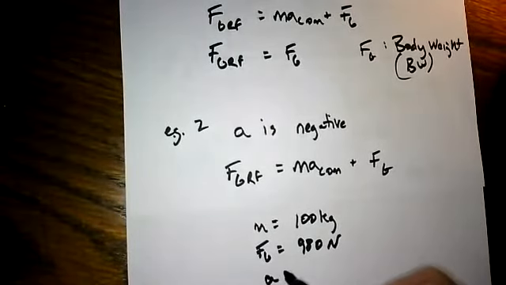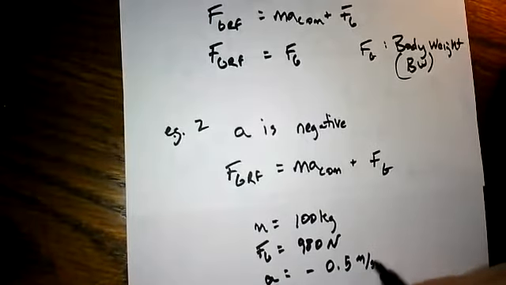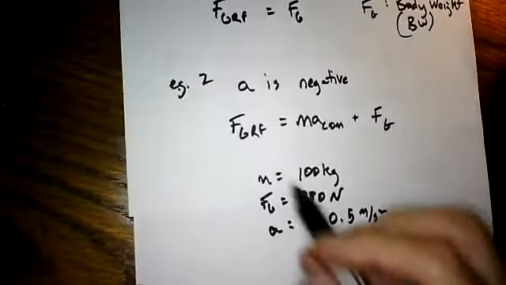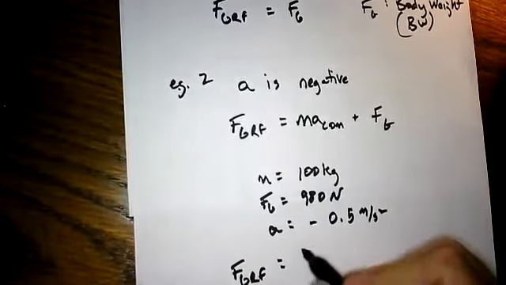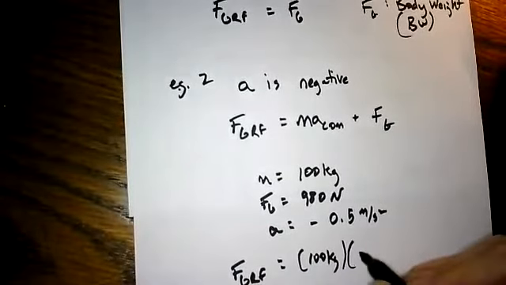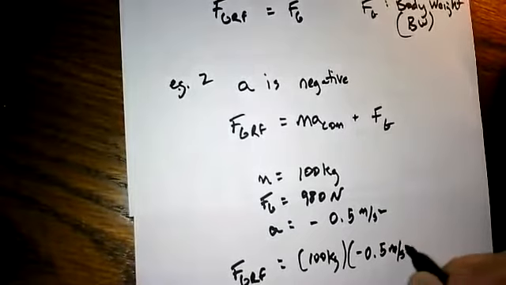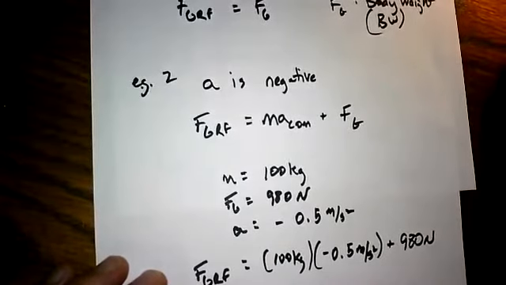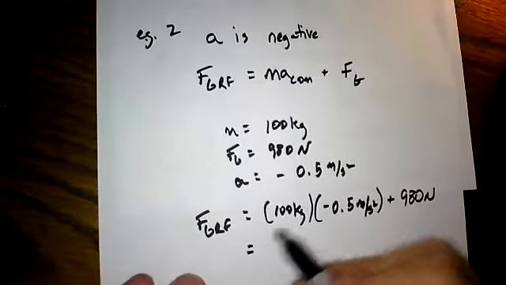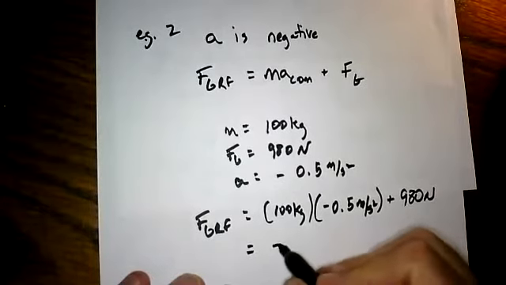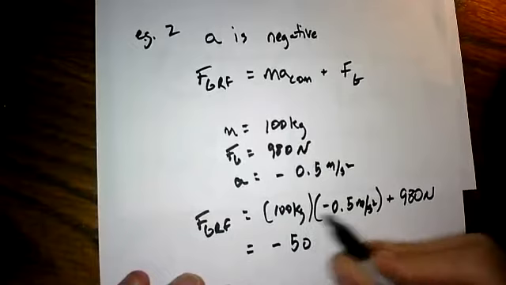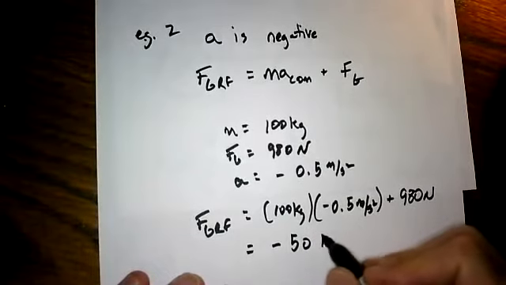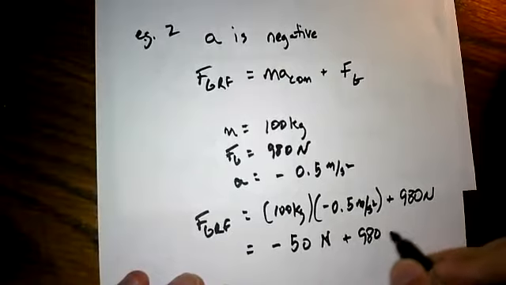And let's say A is negative 0.5 meters per second squared. Let's plug these numbers into this equation and calculate. F_GRF is equal to 100 kilograms times negative 0.5 meters per second squared plus 980 newtons. 100 times negative 0.5, that's negative 50 kilogram meters per second squared, newtons, plus 980 newtons.